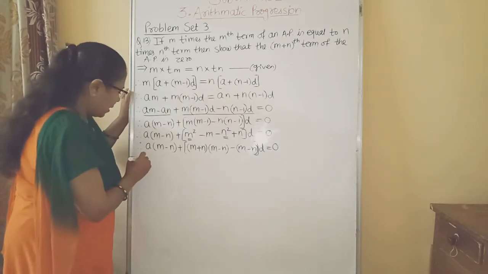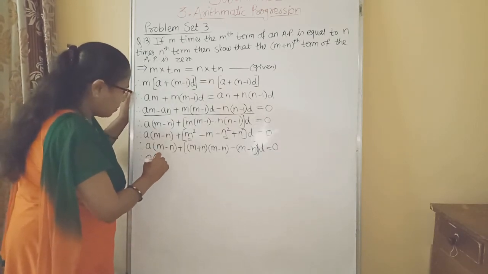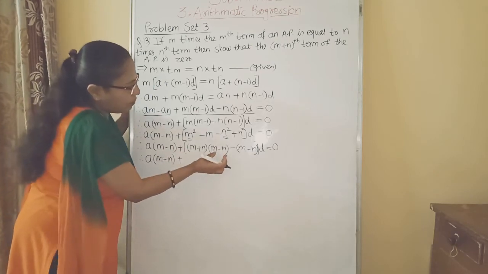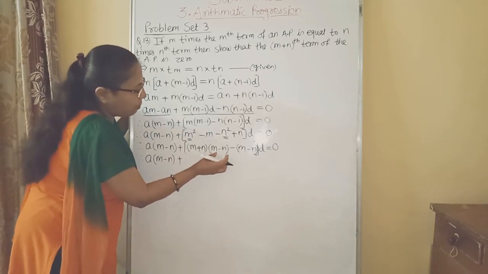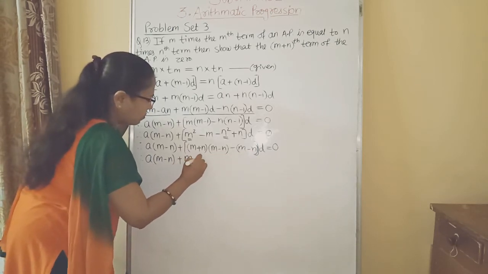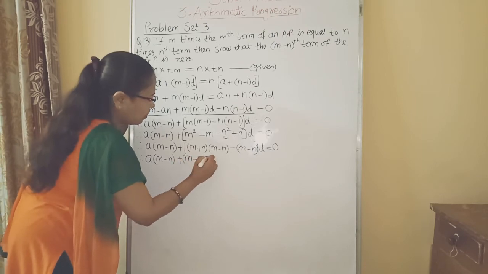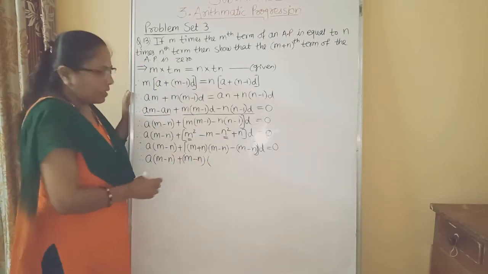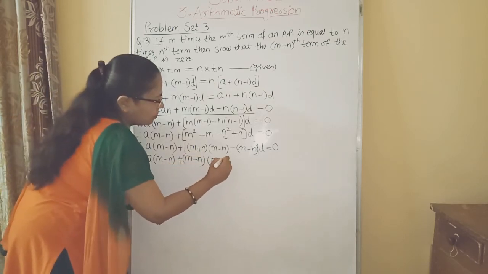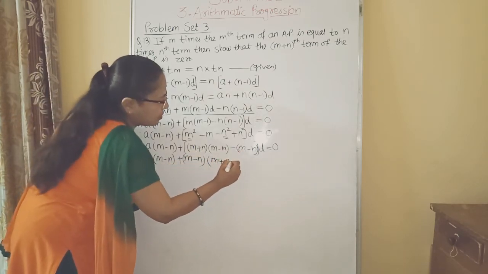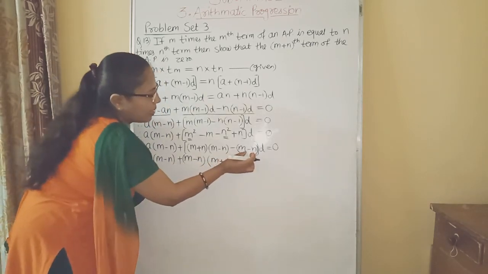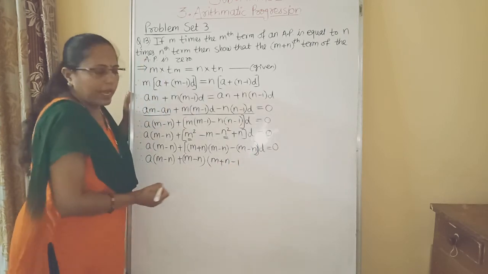Therefore a into bracket m minus n plus, now again from this bracket what is the common factor? m minus n. And in the other bracket what do we get? m plus n minus, now this bracket we have taken common here, so instead of that bracket we get 1.